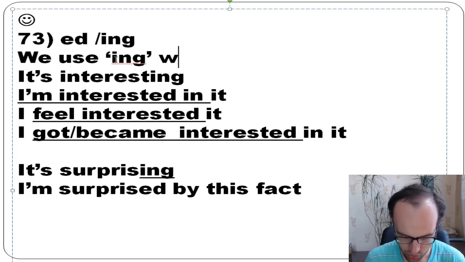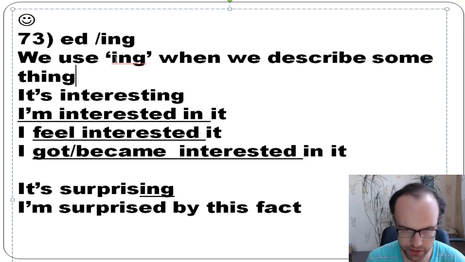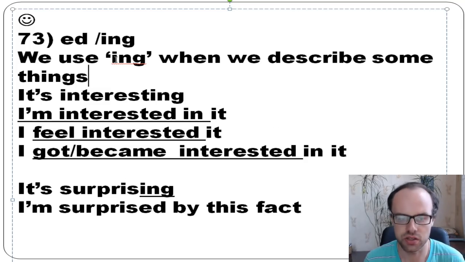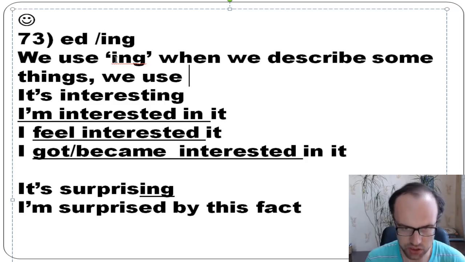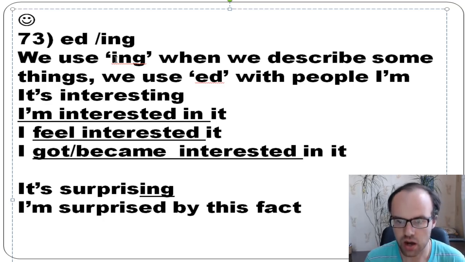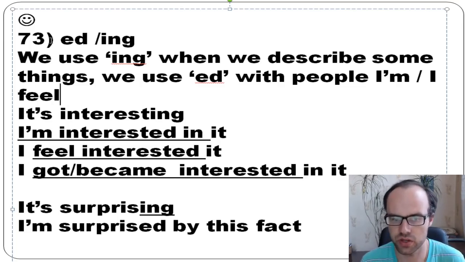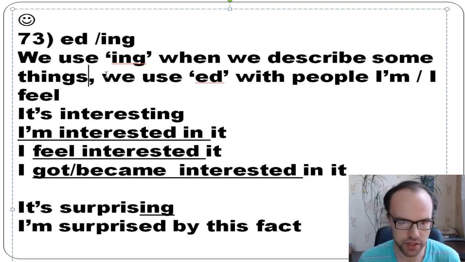And we use ed with people, I'm or I feel, okay? So we use ing when we describe something or some things.